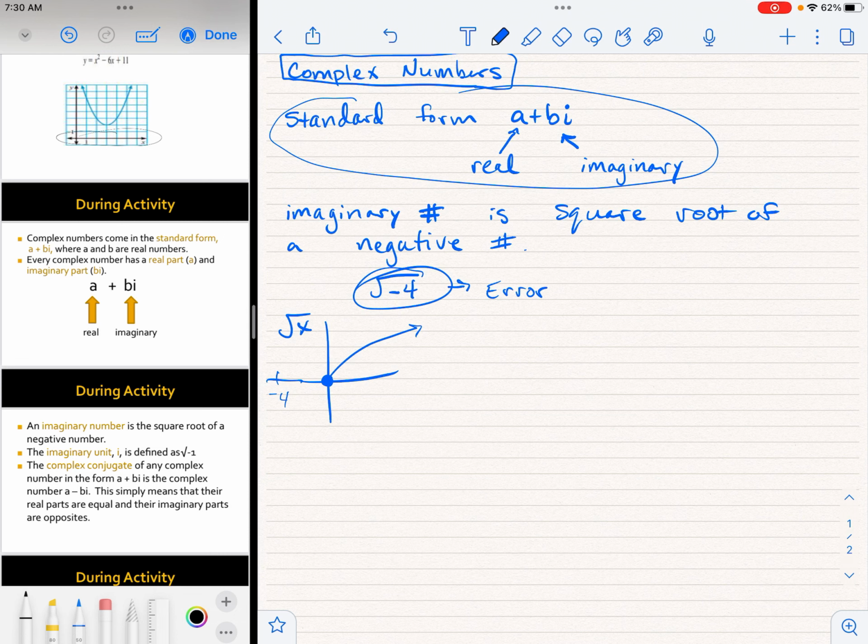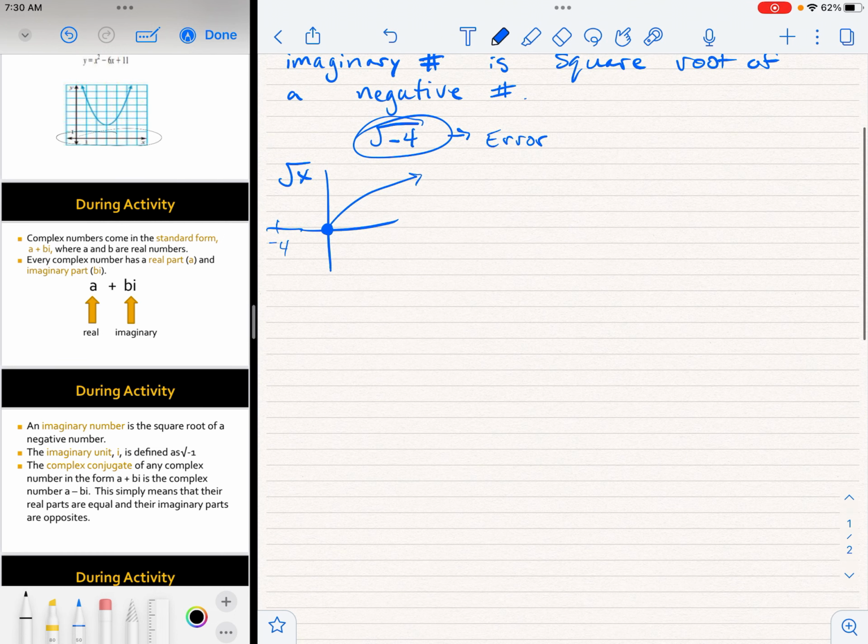And we're going to define what that is here. The imaginary unit, we call this i, is defined as the square root of -1.